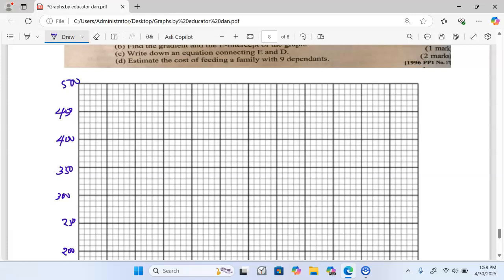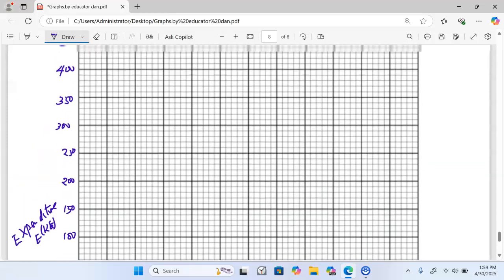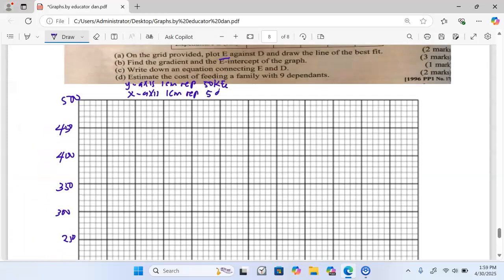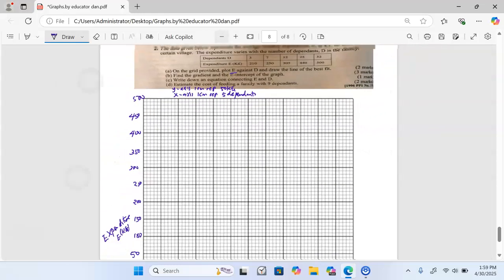That means we have used a scale, on the y-axis, of 1 centimeter representing 50 Kenyan pounds, and on the x-axis, 1 centimeter represents 5 dependents. Once we have chosen our scale properly, we can plot our graph.